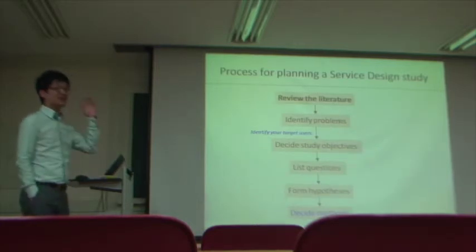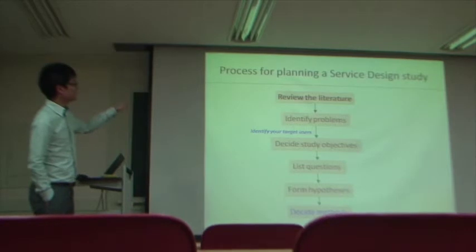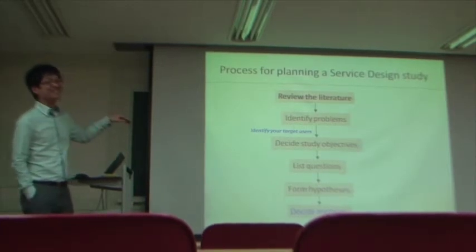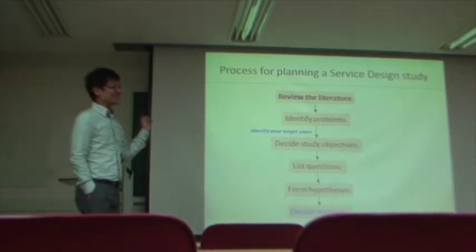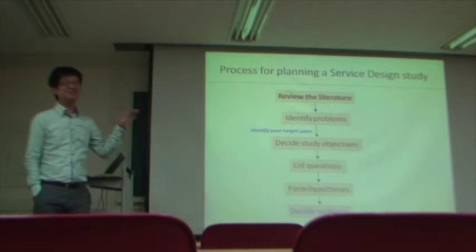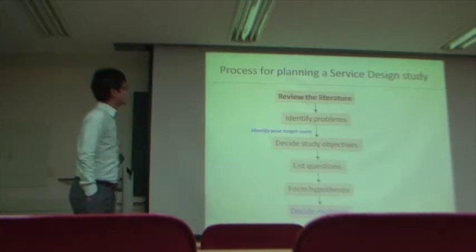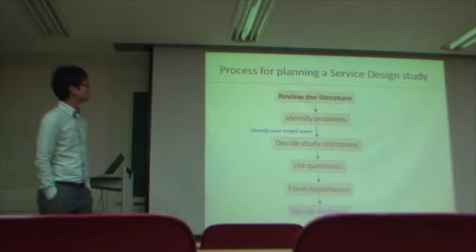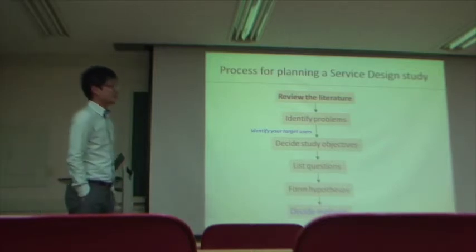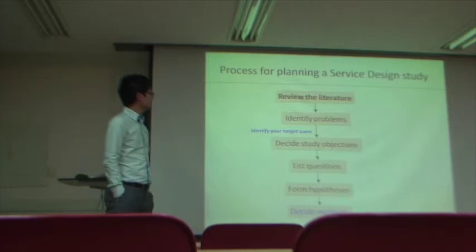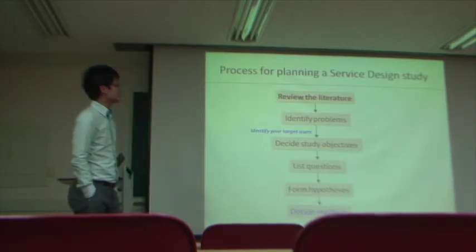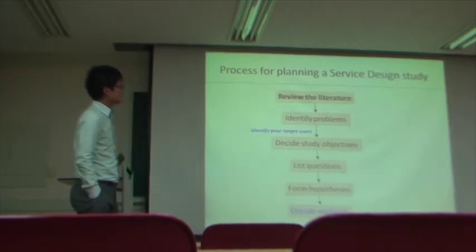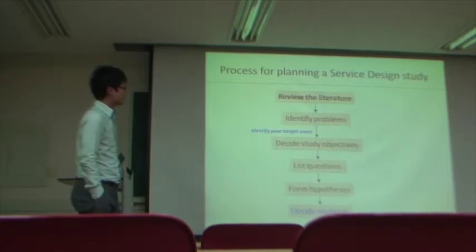Okay, so now you have some ideas in your mind. Those are procedures that normally a research scientist should follow to plan a study. First is to do the literature review, and second, identify problems. After you identify problems, identify your target users, and then you decide your study objectives, list of questions, and form hypotheses.